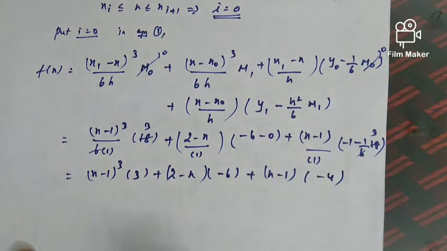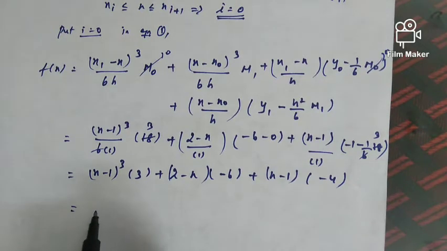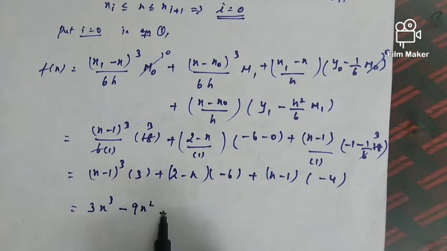That means we get minus 4. Multiplying and simplifying all this, here we have to apply (a minus b) whole cube. Applying that, we get the result as 3x cubed minus 9x square plus 11x minus 11.